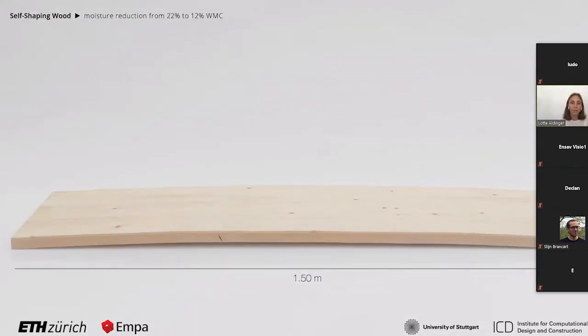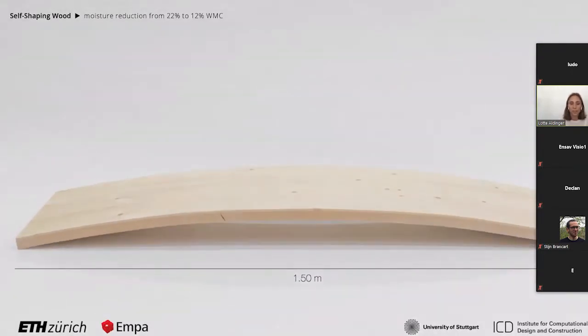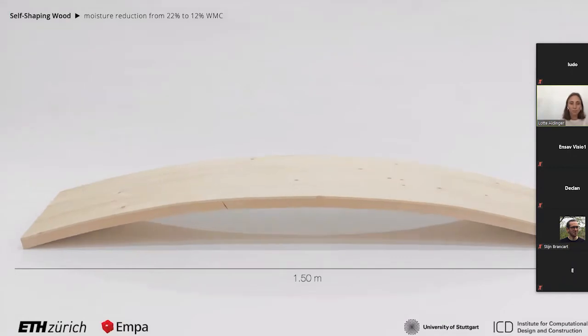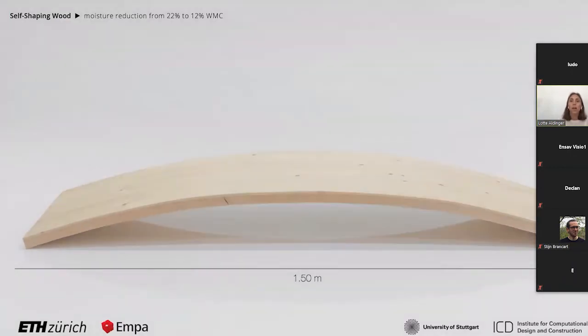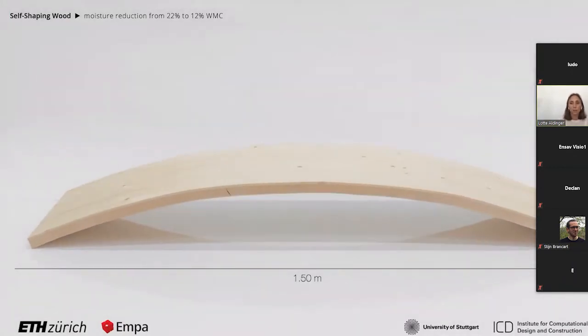Because any continuous board can only be single curved, otherwise it would have to distort, and it cannot. So this is an example of internal actuation that is driven by this hygroscopic contraction of one layer. And basically the material computes the shape into a constant curvature, thus an arc, without the need of formwork or surface milling.